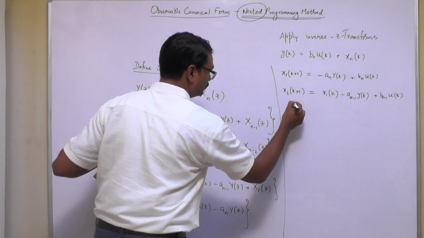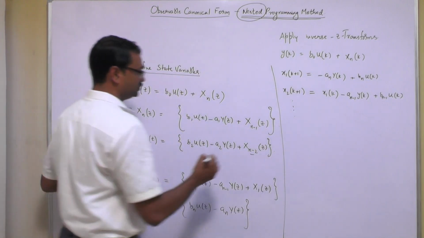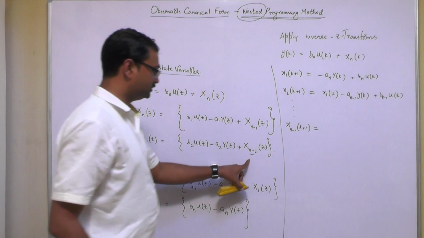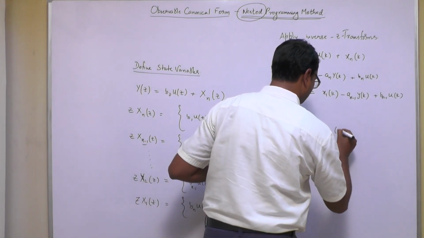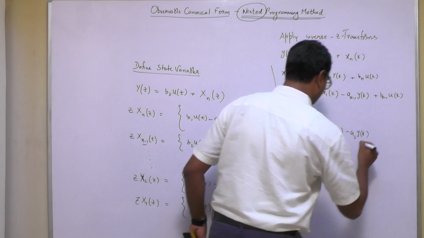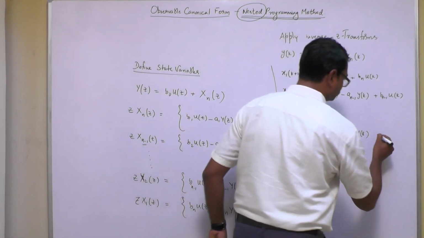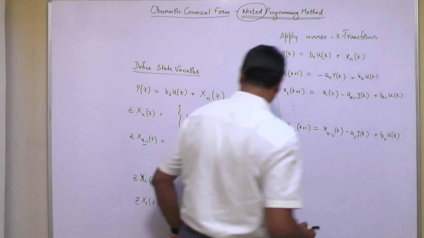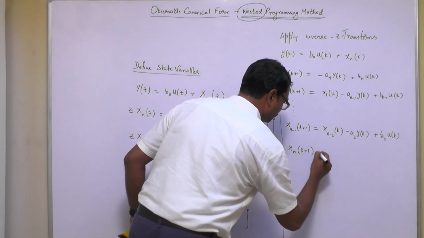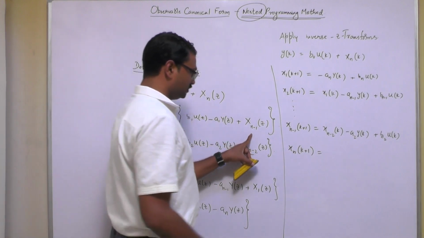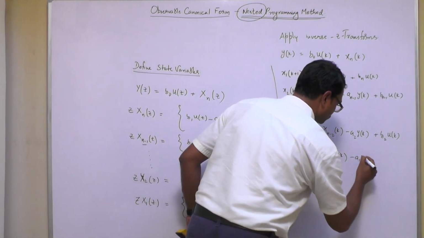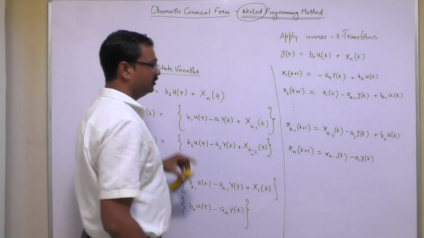Similarly, going down, z Xn-1(z) gives xn-1(k+1) = xn-2(k) - a2 y(k) + b2 u(k), and z Xn(z) gives xn(k+1) = xn-1(k) - a1 y(k) + b1 u(k).